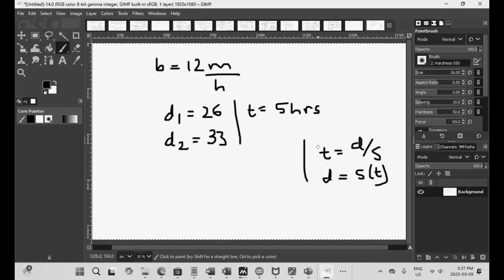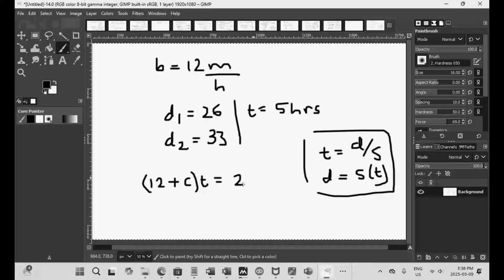So we know that the speed of the boat, this is 12, plus the speed of the current. We don't know what the speed of the current is. 12 plus c into time equals 26. So the distance traveled in the first part of the journey was 26 miles.